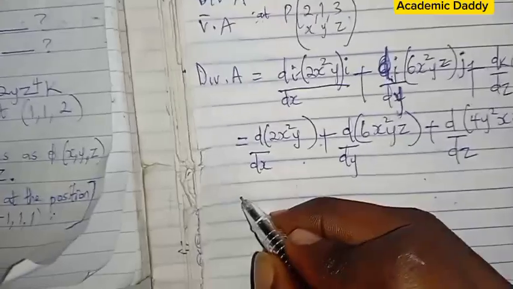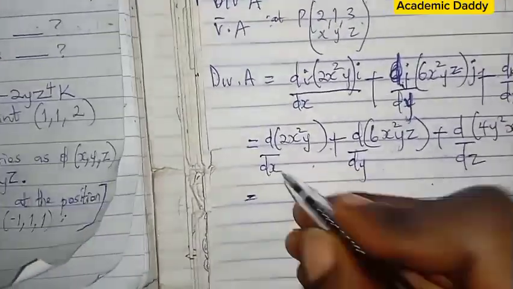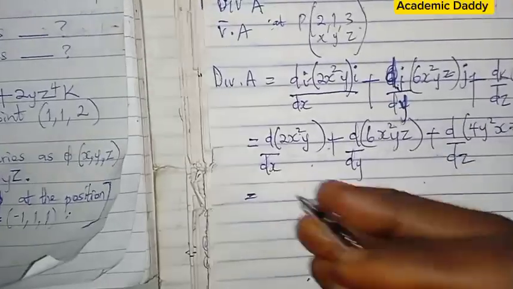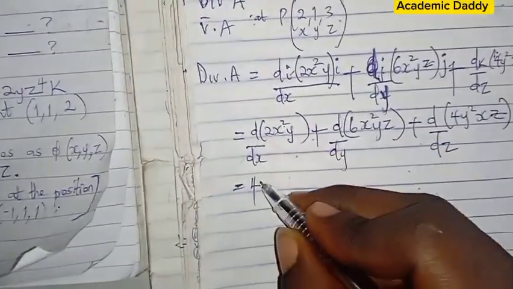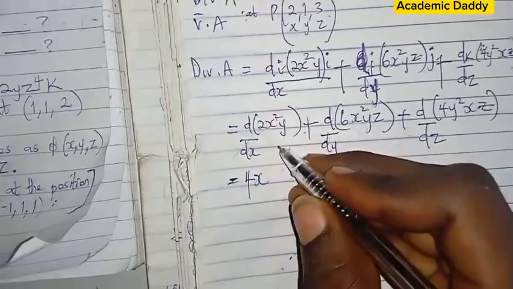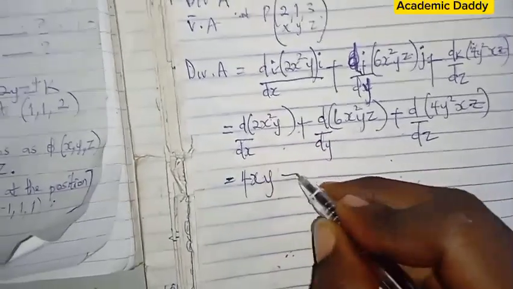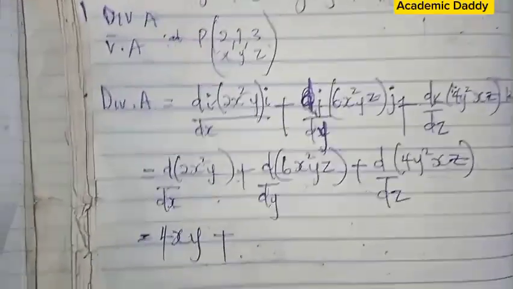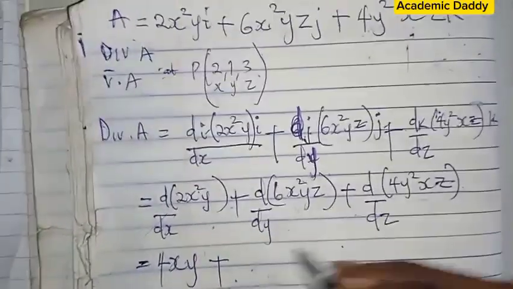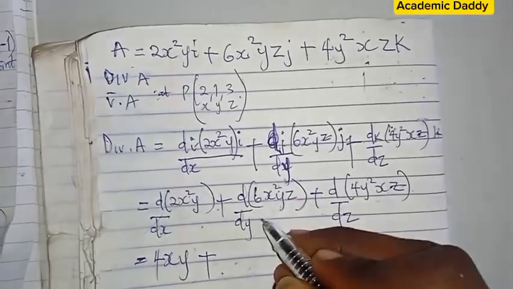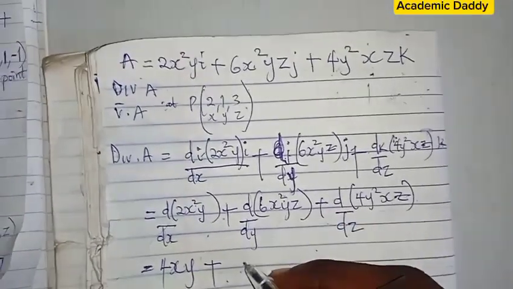Alright, let's now derive it. With respect to x, we focus on the x only. So 2 comes here, 2 minus 1 is 1, so we say x. This is supposed to be a constant, but because it's a product, they are tied, so just write it like that. Then plus, let's move to the next one. With respect to y, we don't have business with the x, but we are using it because it's there, they are tied.